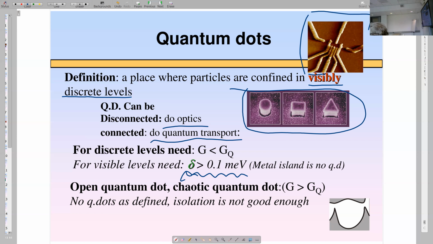Could you tell me which dots are optical and which dots are transport? Yeah, how did you come to this conclusion? Okay.